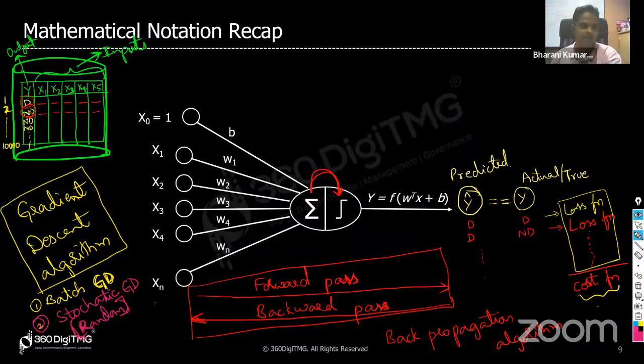So you have a random gradient descent algorithm. Here, randomly you choose some observation. Say randomly you have chosen observation number 5. Take the inputs pertaining to that, pass it through your network, do the prediction, compare it with the actual value.